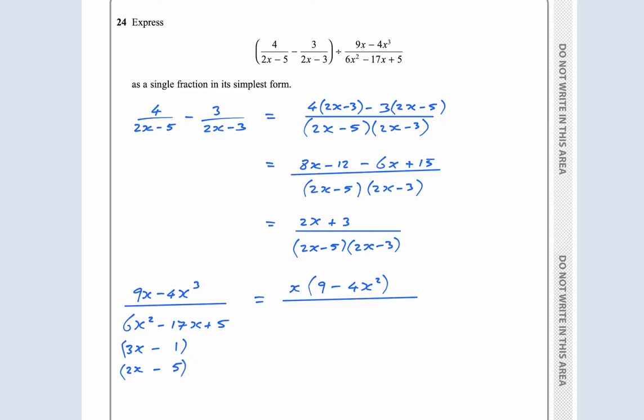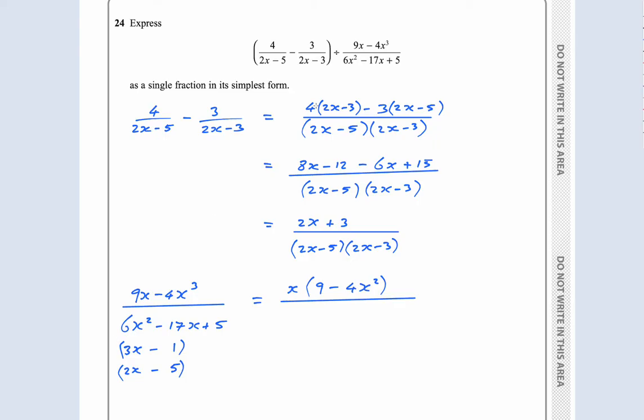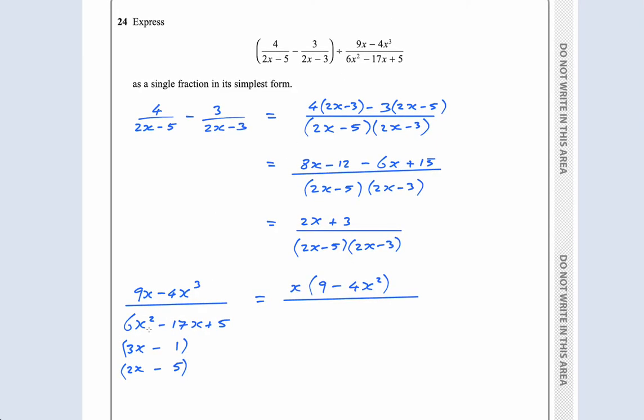Okay, so I'm just going to put it over here. So guys, factorizing that quadratic is hard. If you don't know what I did there, I suggest you go and learn it because it's complicated.